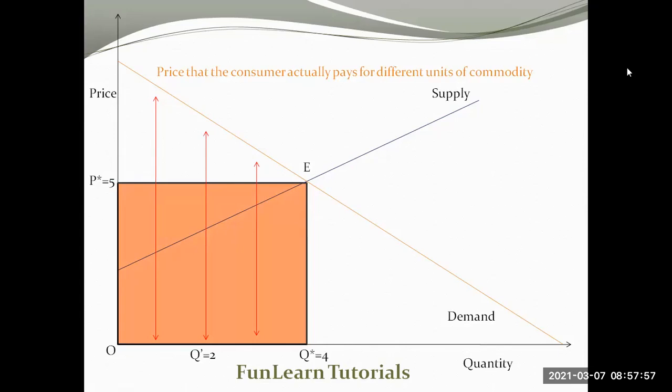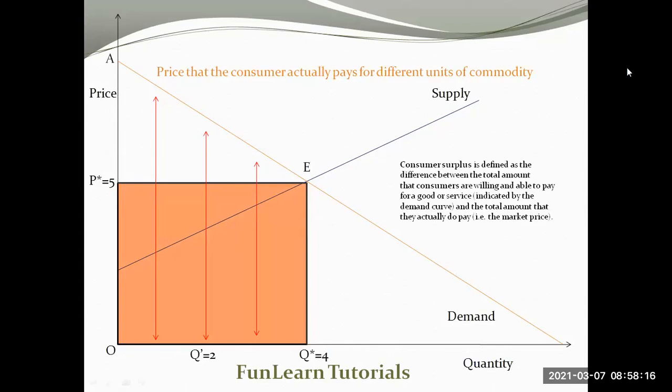And the trapezium or the triangle above it, which added to the rectangle, this entire trapezium essentially shows the amount that the consumer was initially willing to pay for the given amount of quantity that it consumes.